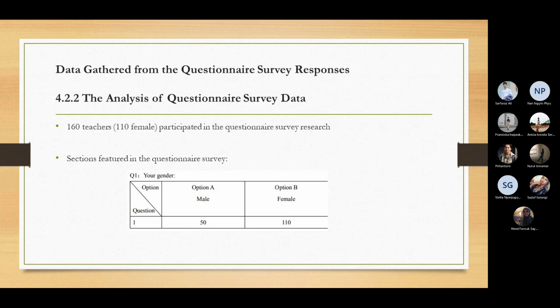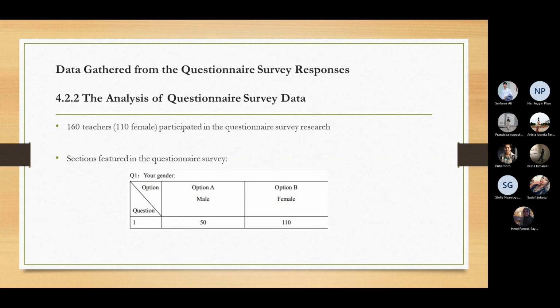So the first question you can see is in front of you. He presented it as your gender. There were also options given in the questionnaire survey, whether selecting A or B. But it is important to note that in most of the questions, after we move to this social background question, he has analyzed the data with the help of responses.